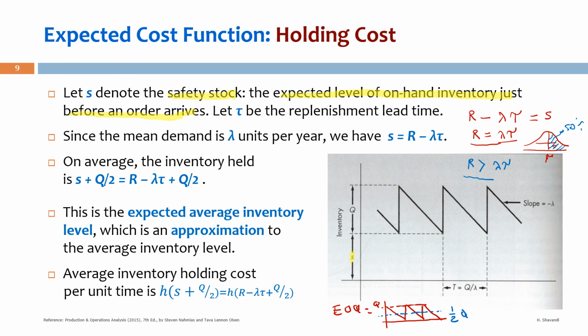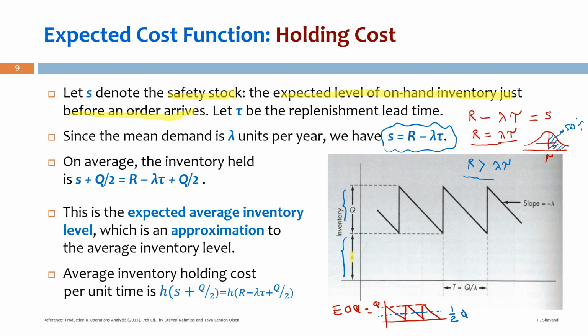And then based on that, we will obtain R. So if we obtain R by assuming that probability, and we also know that the mean demand during the lead time is lambda times tau or mu, then R minus lambda tau will be our safety stock. So now we have an S here, and also we have a Q here.